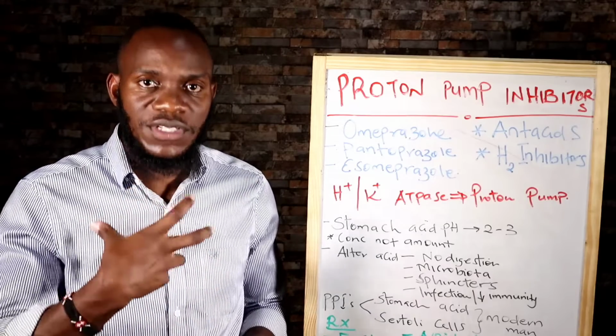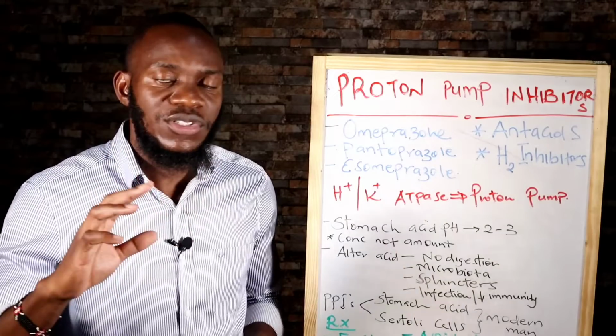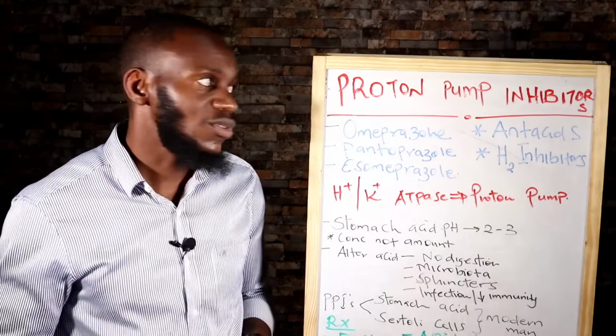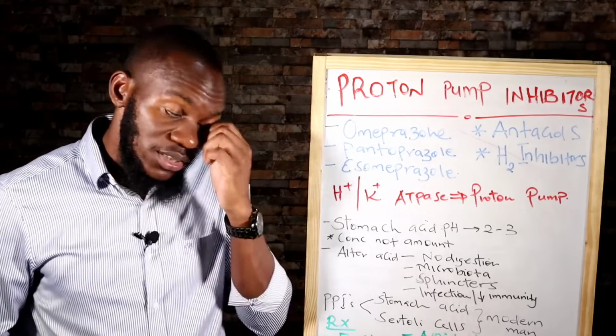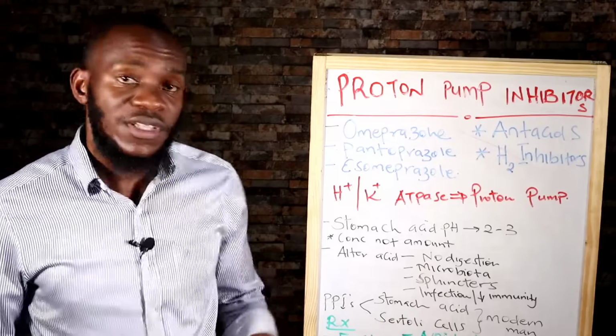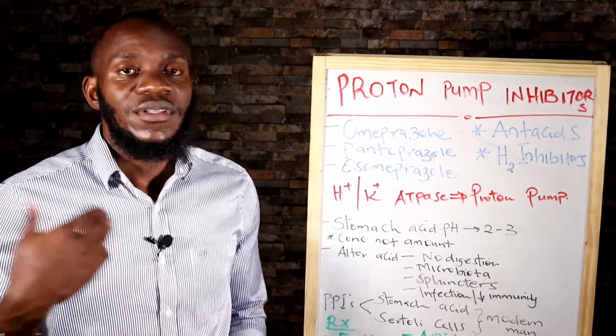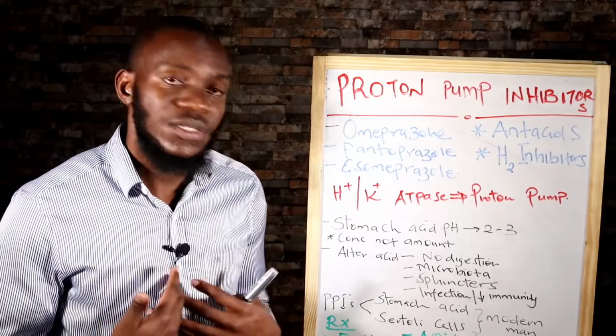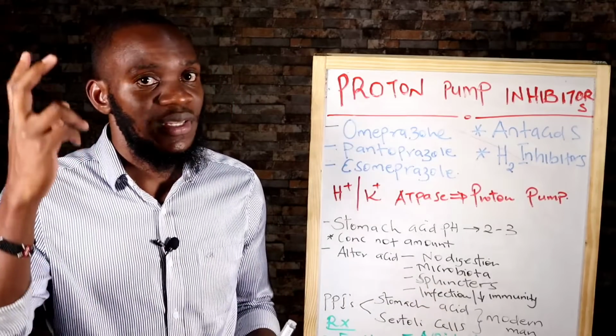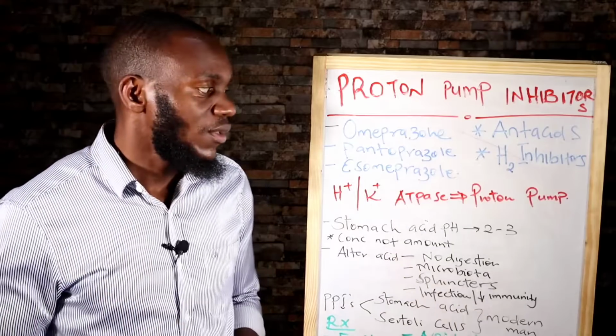Then stomach contents come back, and you start suffering again. So these drugs are not supposed to be used to manage gastritis or reflux disease, because they will only mask symptoms for some time, and then you go back to normal, which is the abnormal, the disease.